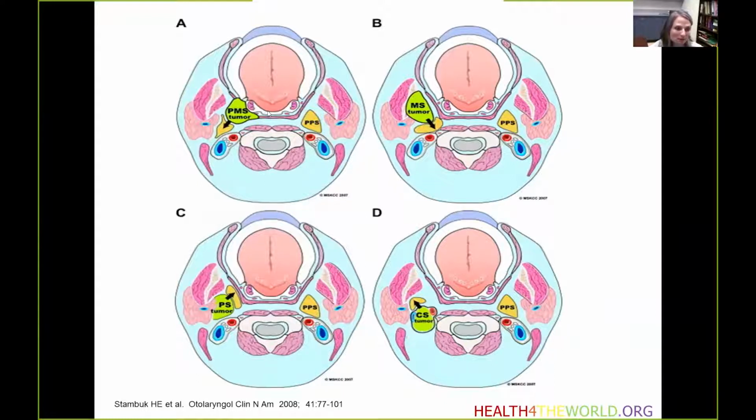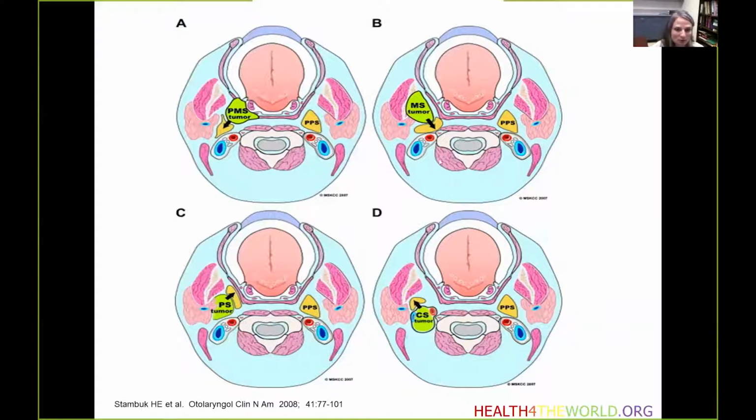Let's say that there is a lesion that comes from the palatine tonsil, for example. So a lesion that comes from the pharyngeal mucosal space, what would happen to the peripharyngeal space? The peripharyngeal space will be displaced posteriorly by this lesion. So we can use this fat and this displacement pattern to determine the origin of the lesion.